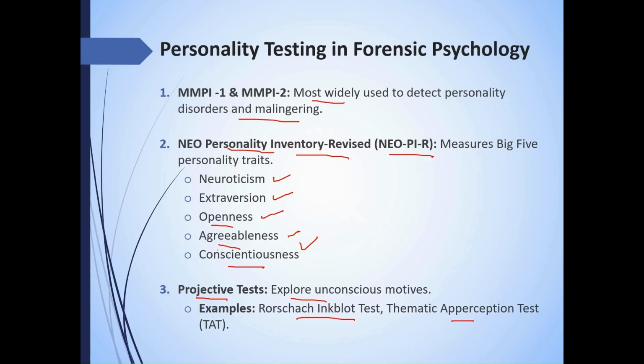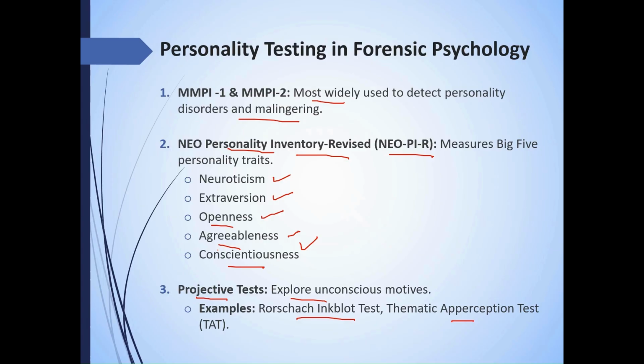This contains around 30 picture cards showing people in various situations, and the individual is asked to create a story about each picture: what is happening, what led to it, and what will happen next. This reveals the underlying motives, conflicts, and drives, and even the emotional theme of the person, and is commonly used to explore aggression, dependency, guilt, or achievement needs.